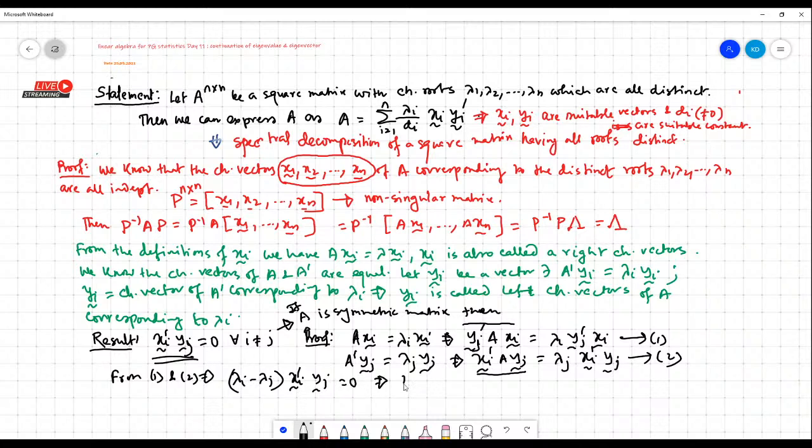Since lambda i, lambda j are all distinct, because I already assumed this, so x1, x2, ..., xn and y1, y2, ..., yn both are orthogonal. That is, xi and yj are orthogonal.